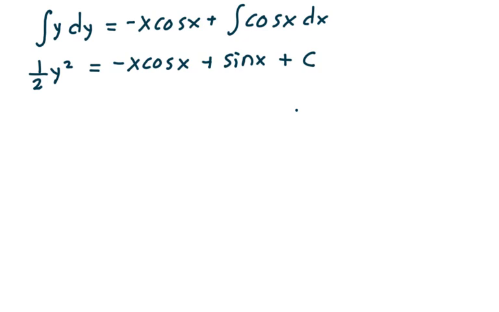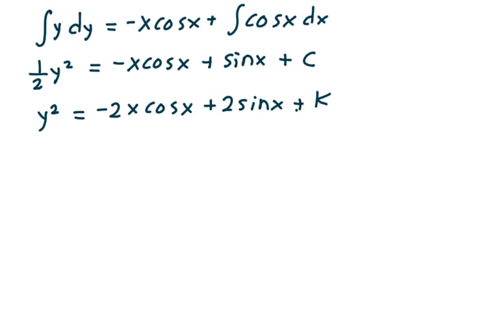Now, I'm going to multiply through by 2. So y squared is negative 2x cosine x plus 2 sine of x plus k. And that's where k equals 2c.